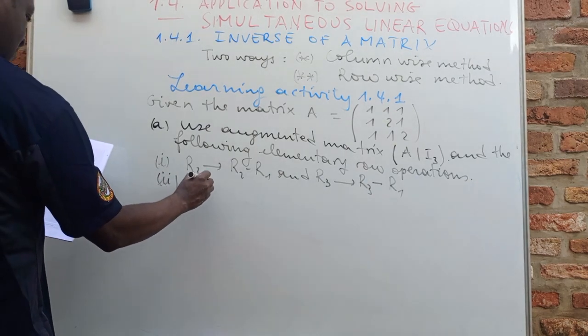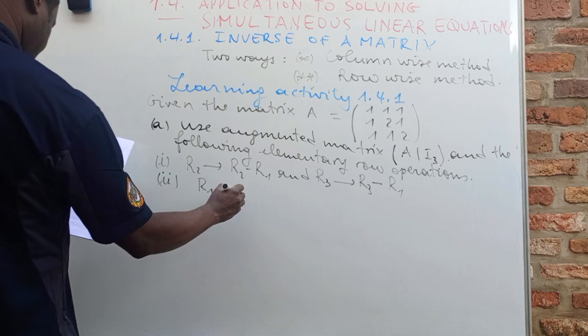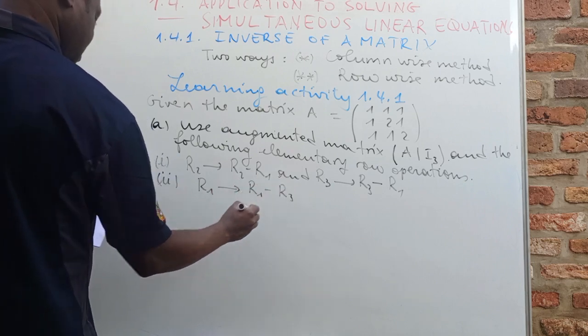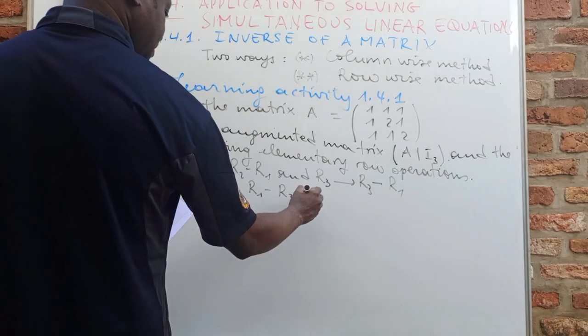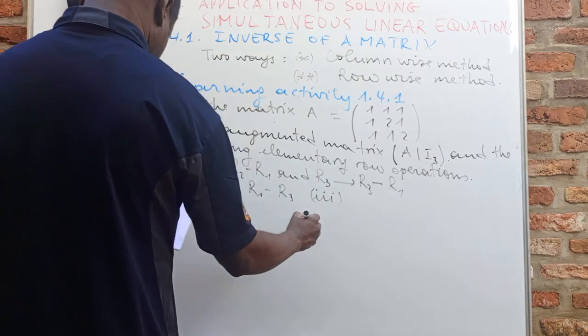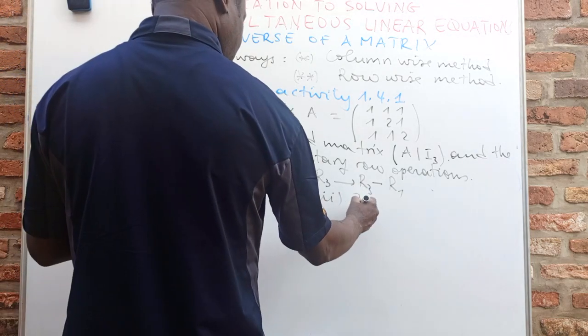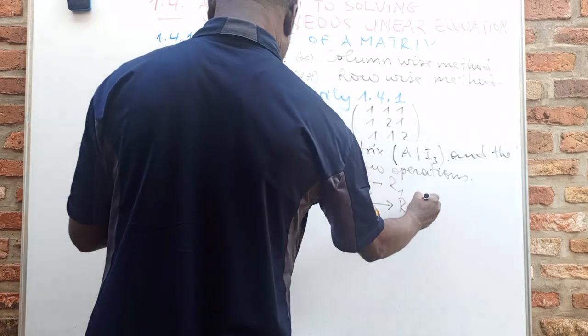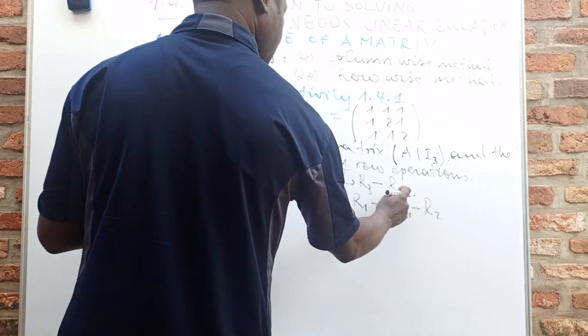Secondly, row 1 replaced by row 1 minus row 3, and thirdly, row 1 replaced by row 1 minus row 2.